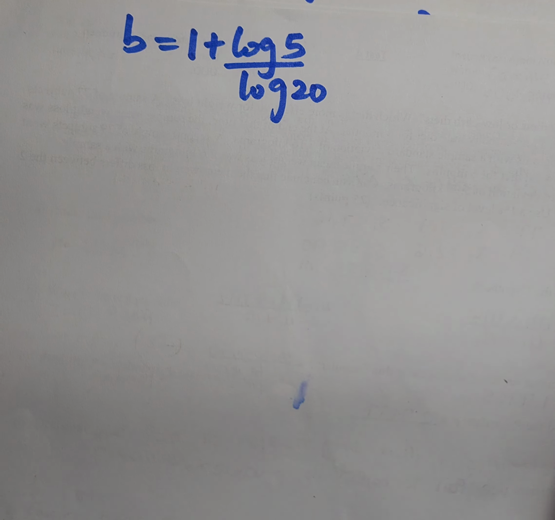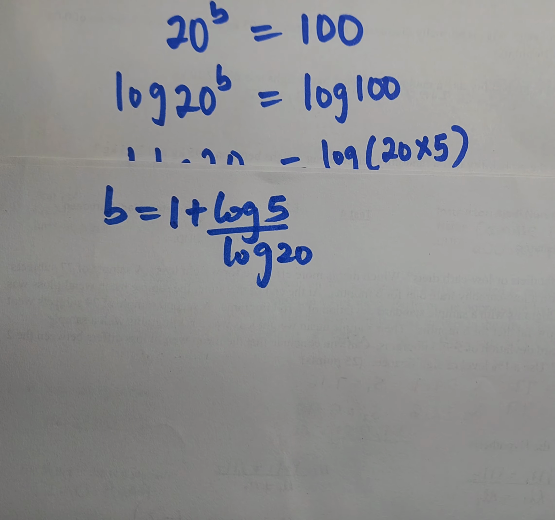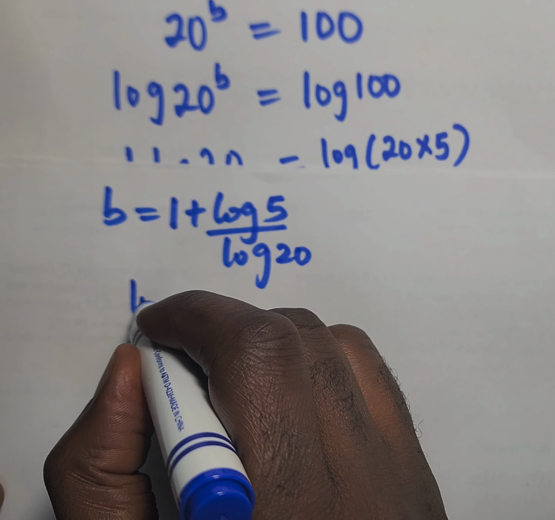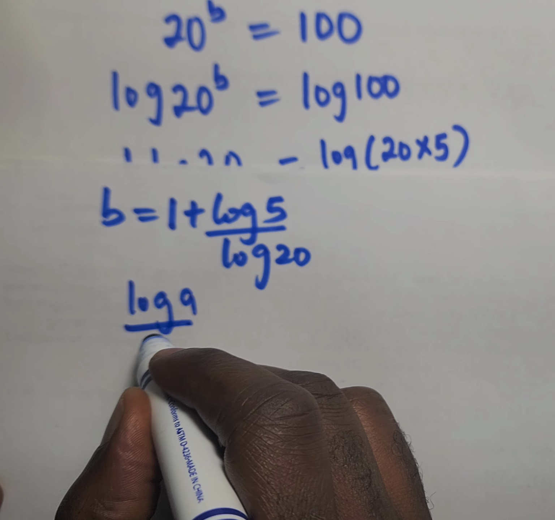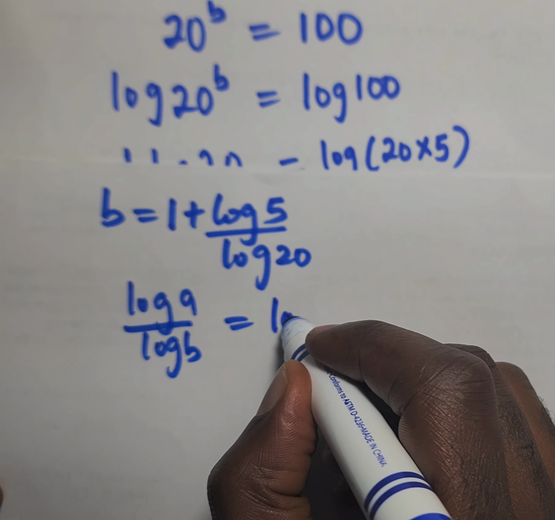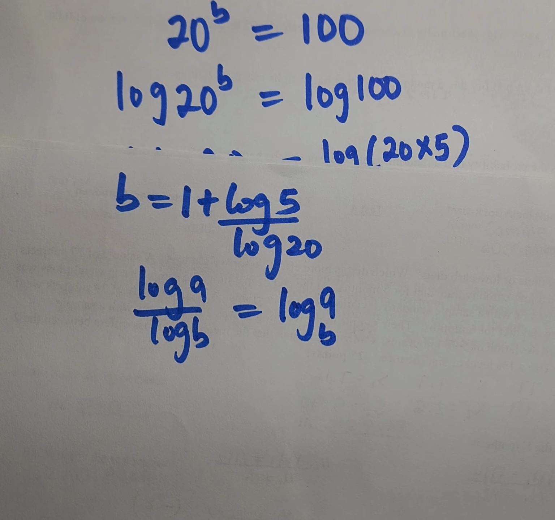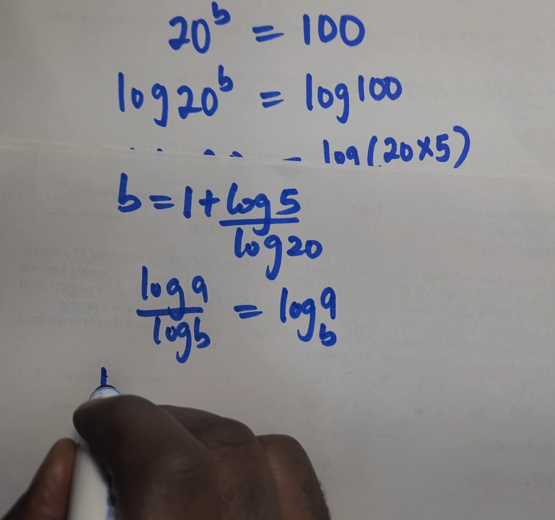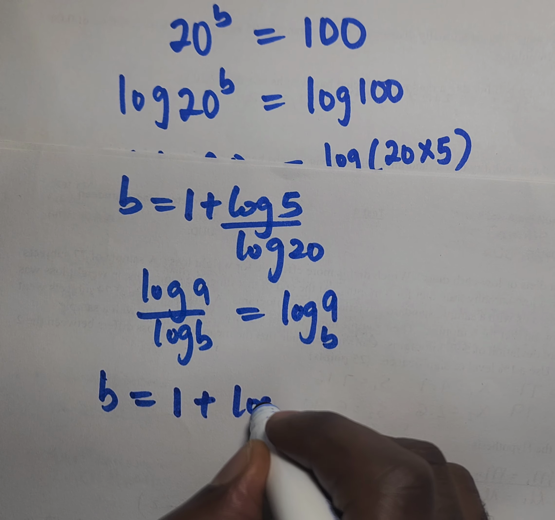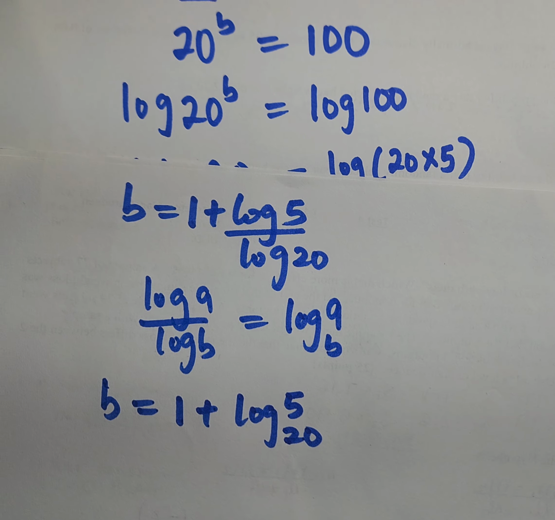And I want you to recall this rule: when you have log a divided by log b, provided they have the same base, this is the same thing as log a base b. So I'm going to apply this rule here. So I have my b equals 1 plus log 5 base 20. So this is the answer for my b.